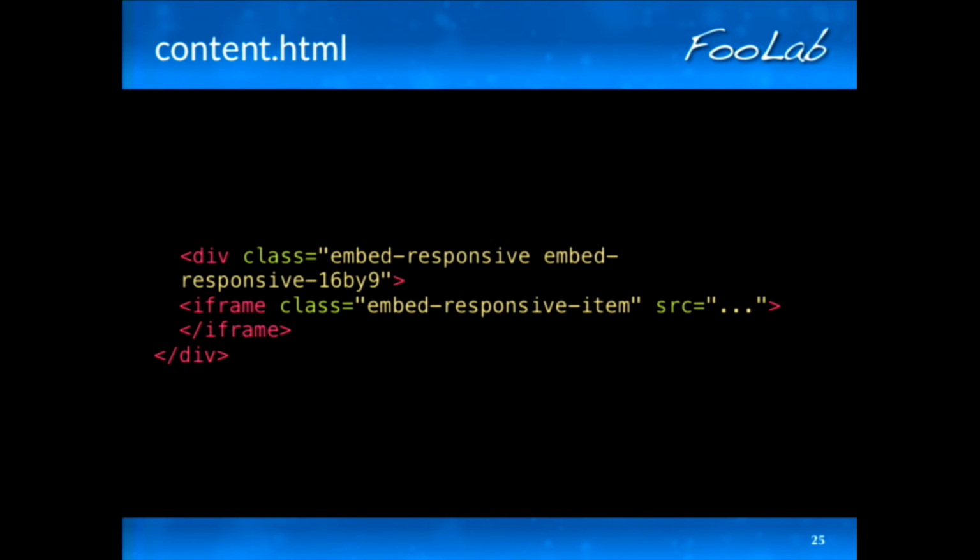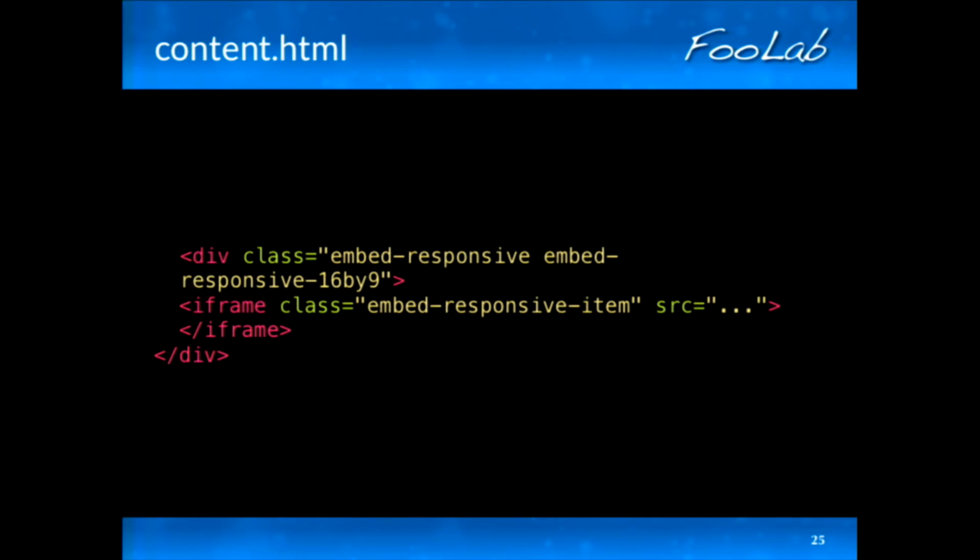Okay. So for the content, we begin with the video. What you do is you create a div to encompass the iframe into which you will load the YouTube video. The container is going to be embed responsive, and then you give it the aspect ratio of the video, so it's either 4:3 or 16:9.